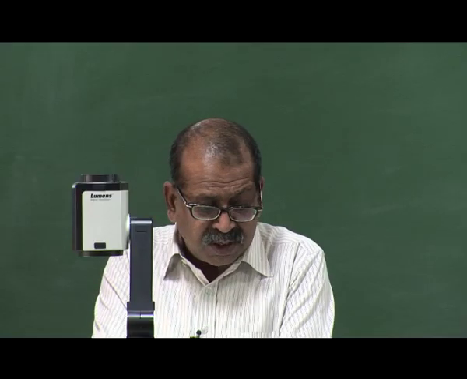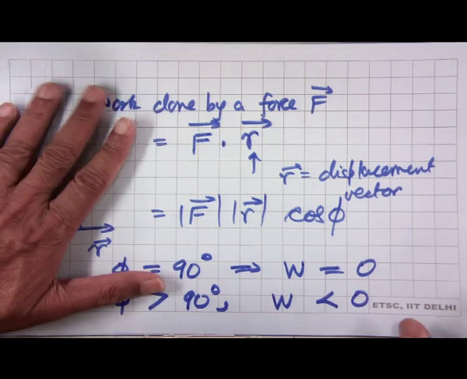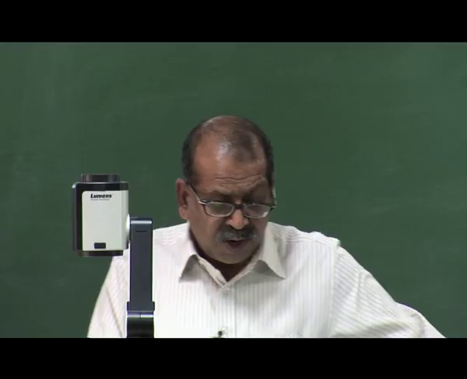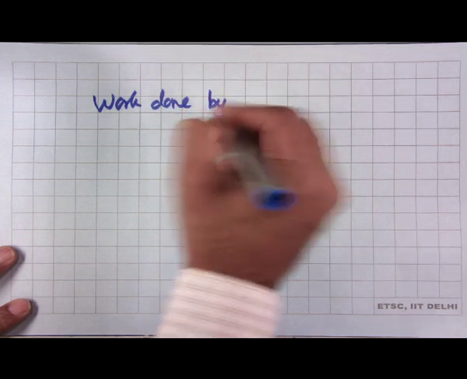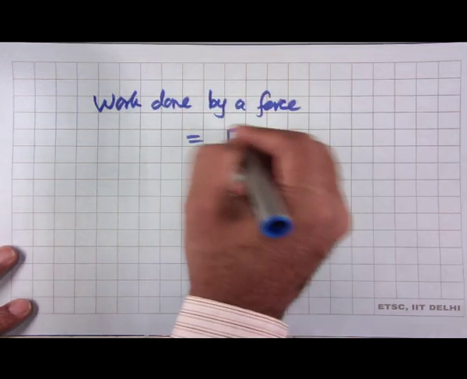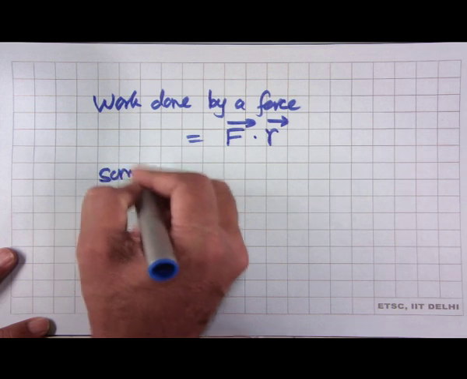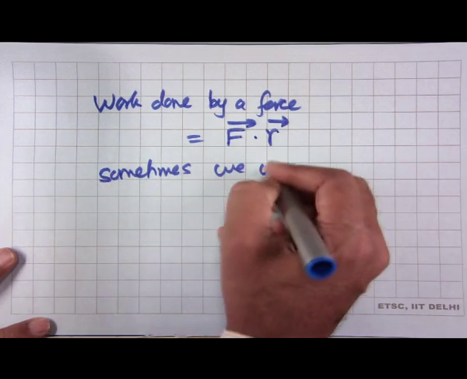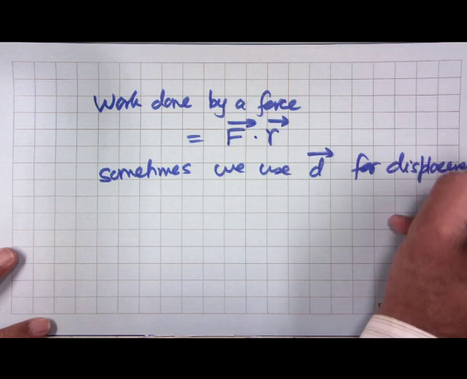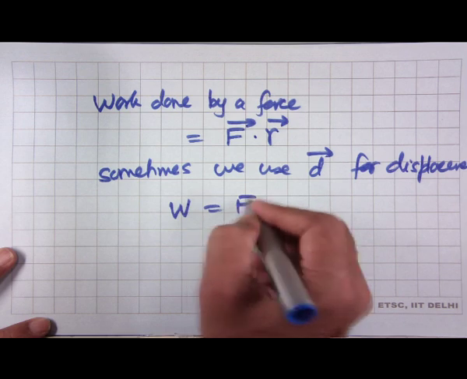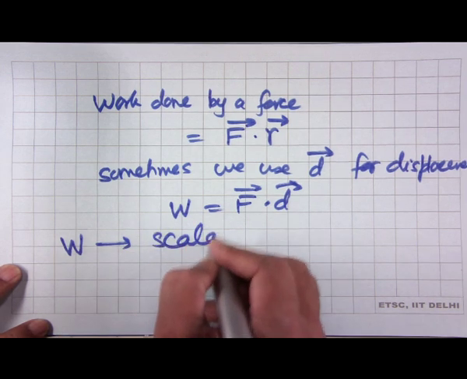Also from here what we realize is that this is how we define work done by a force in a generalized way. So, work done by a force is equal to F dotted with R. Sometimes we use the vector D for displacement, and if we do that, then work done will be equal to F dotted with D. Now, work done, you realize from this, is a scalar.